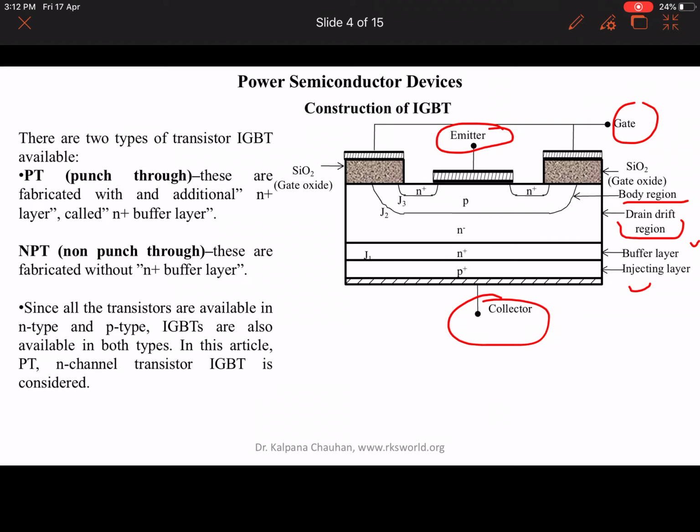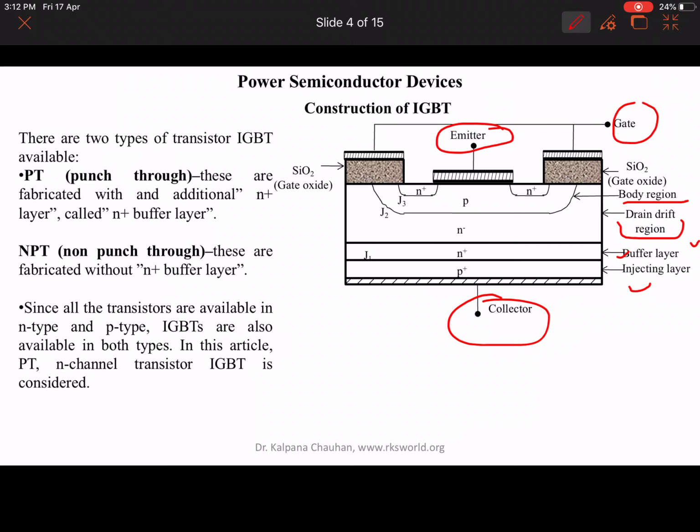So there are two types of IGBT. We have punch through, which is fabricated with an additional N plus layer called the N buffer layer that I have mentioned here. This is the extra layer in the punch through type of IGBT. The second type of IGBT is NPT, non punch through. These are fabricated without this layer.